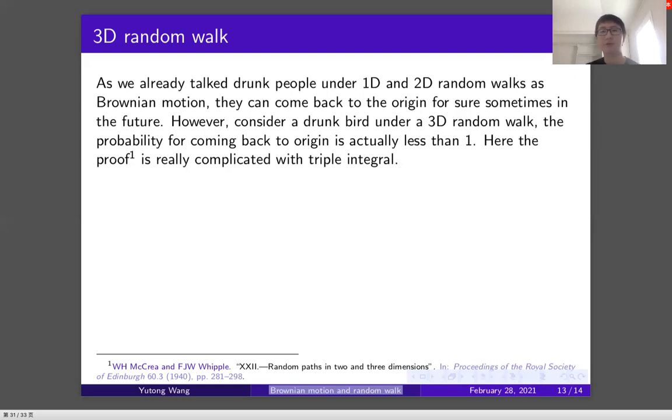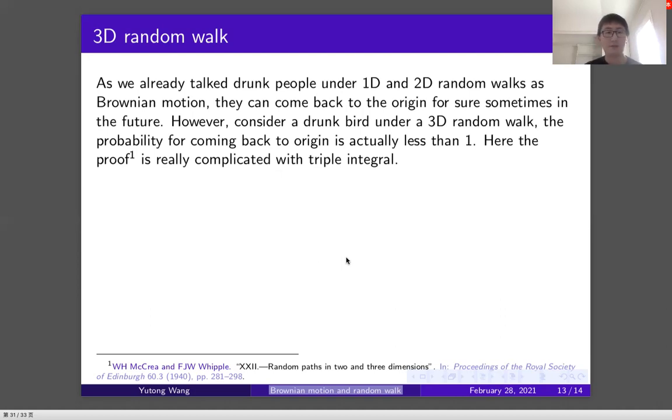For the 3 dimensions, the probability of coming back to the original point is actually less than 1. You cannot expect a person, or let's think about a bird, because people cannot fly, to go back to the original point infinitely many times.